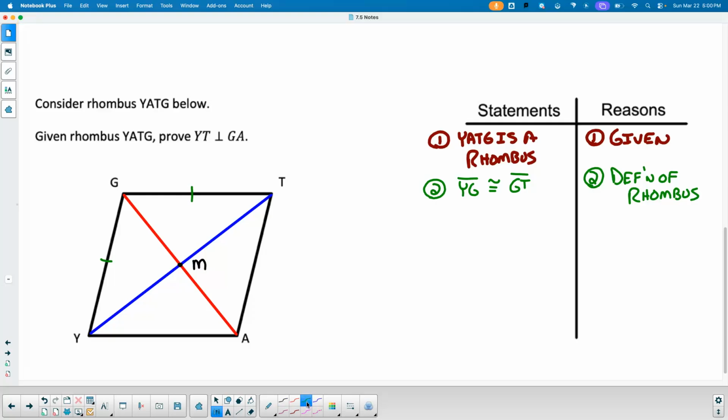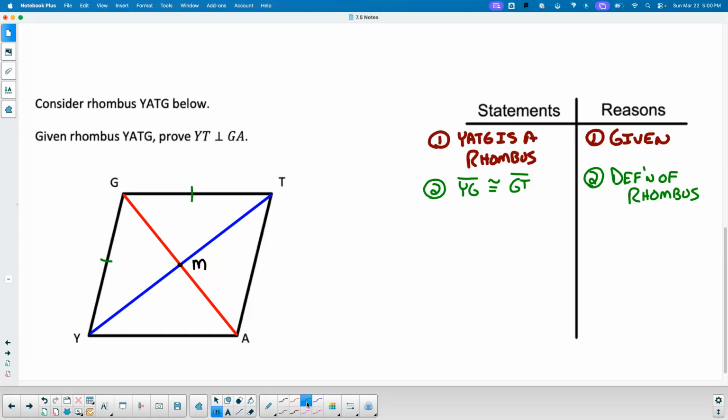If you're looking on your goldenrod toolkit for 6-7, on the back side, you'll see that flow chart. And in that flow chart, a rhombus has all of the properties of what's above it on that flow chart, which would be the parallelogram properties.